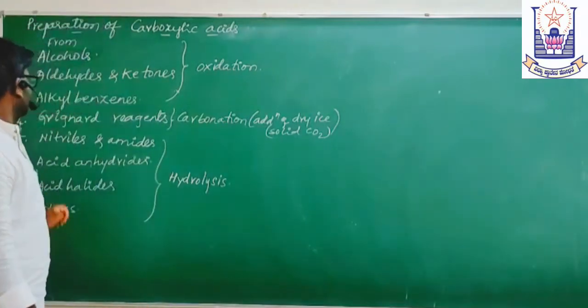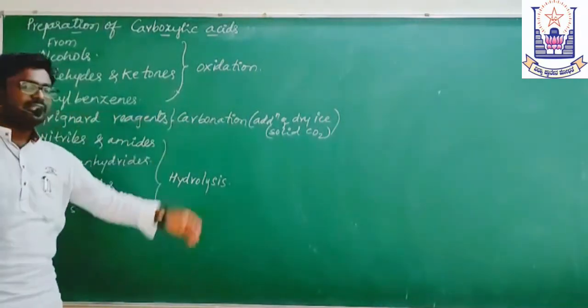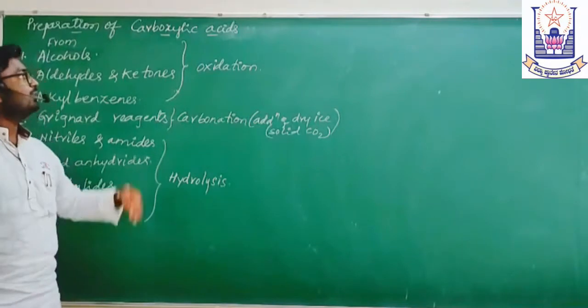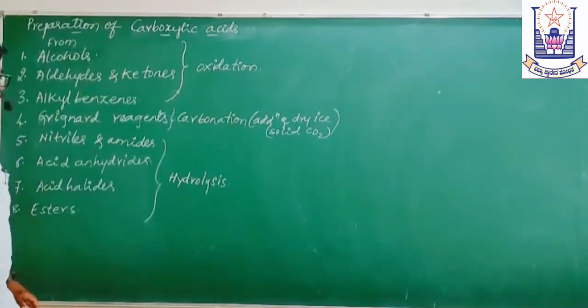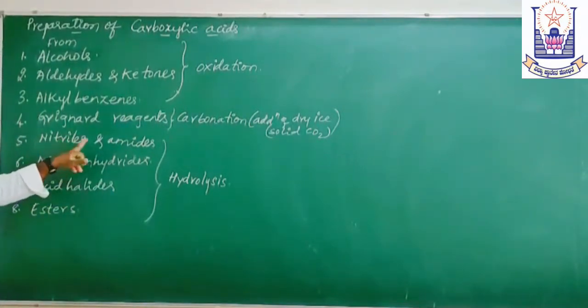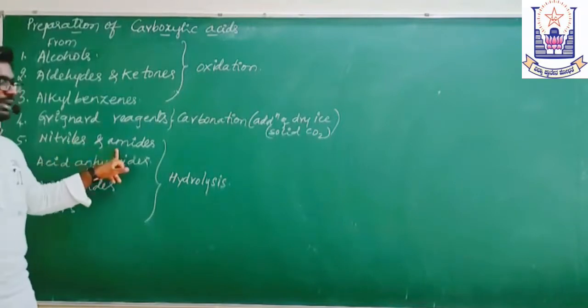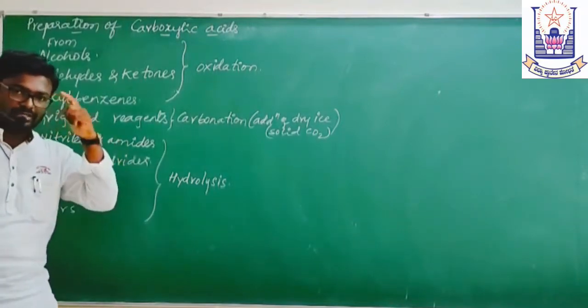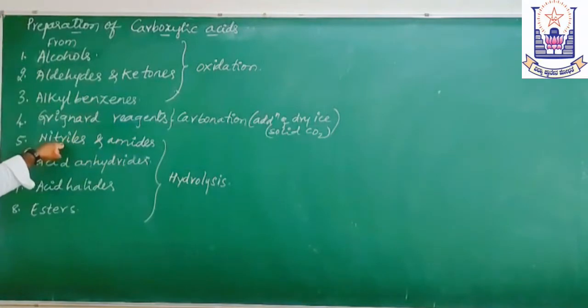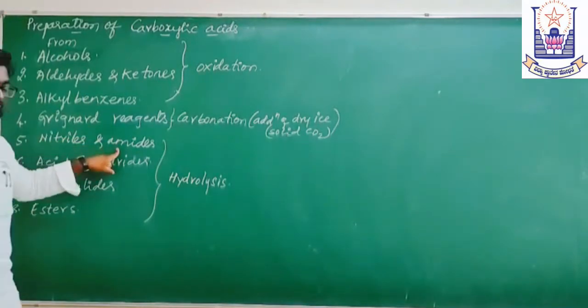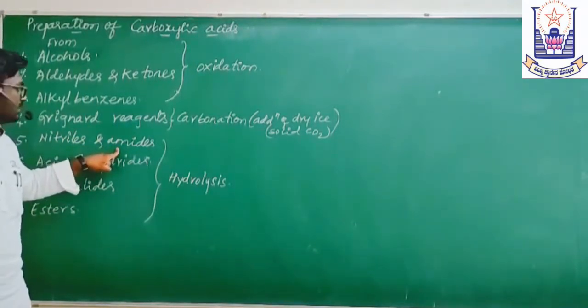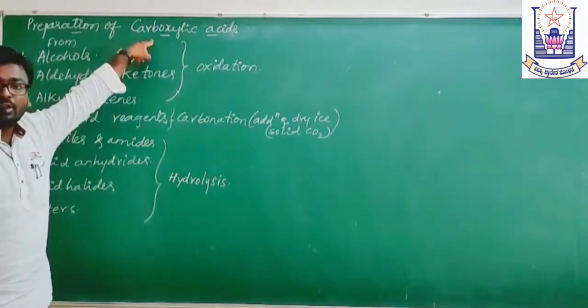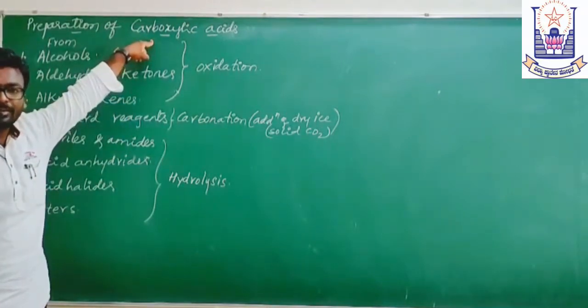The carbonation of Grignard reagents gives carboxylic acids. Hydrolysis of nitriles gives amides. Keep in mind that hydrolysis of nitriles gives amides. Further hydrolysis of amides gives carboxylic acids.